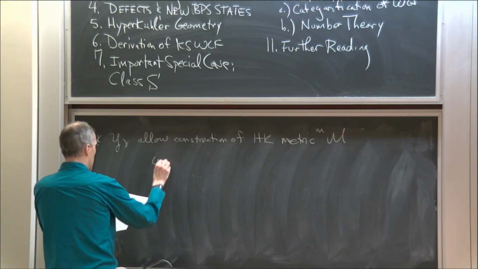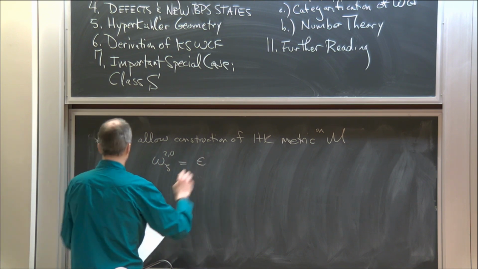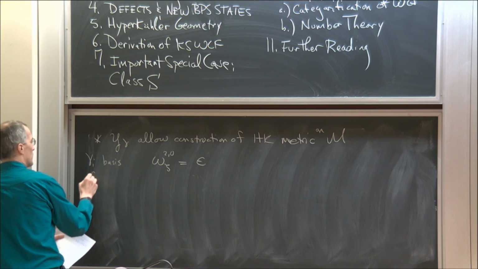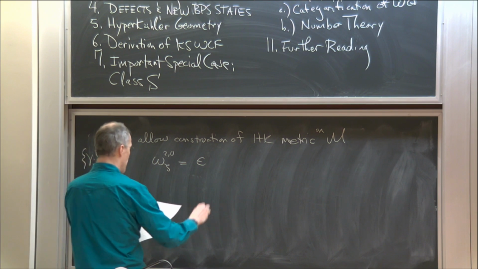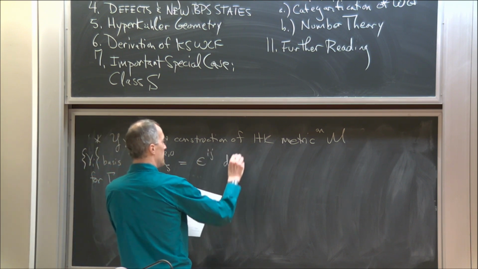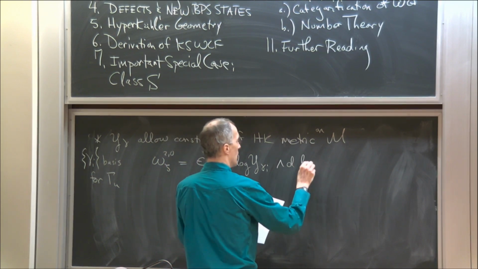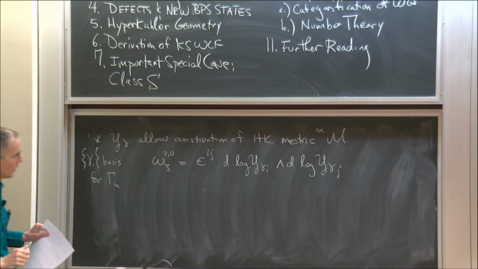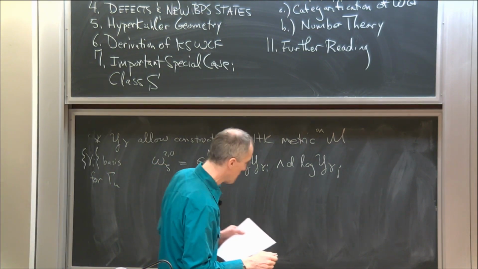Because we argue that they're what are called twistor coordinates, which just means that if we choose a basis gamma I for gamma u, then we can write d log of y gamma I wedge d log of y gamma j. They're both twistor and cluster coordinates. So they're really good coordinates. We love them. We call them Darboux functions.